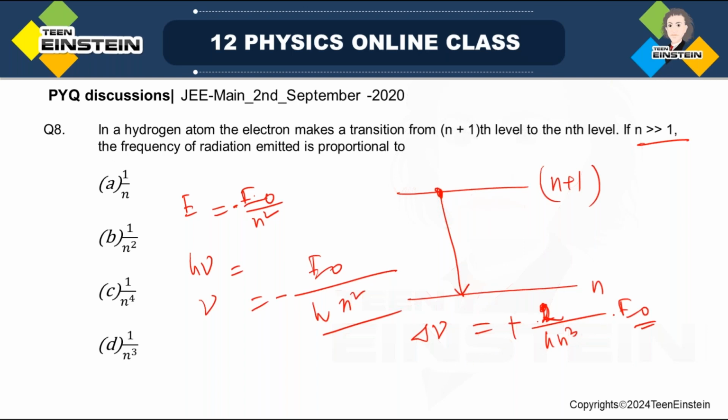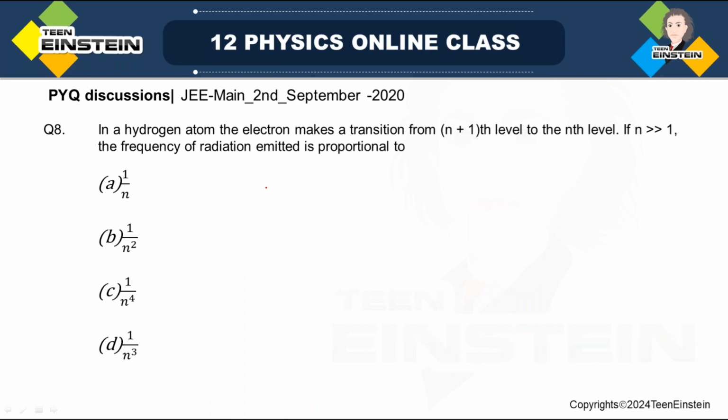Then what is the change in the frequency? So it will actually be proportional to 1 by n cube. Okay, you can see that from here. Otherwise, I can also do it in another way.